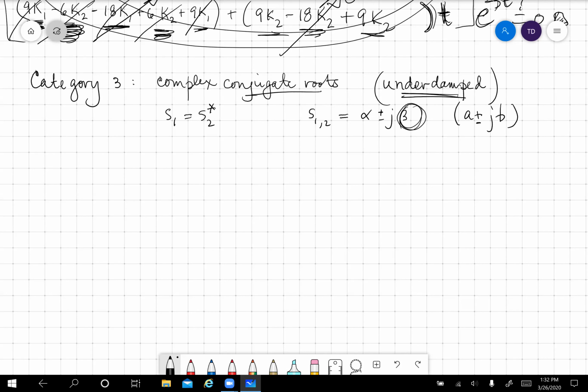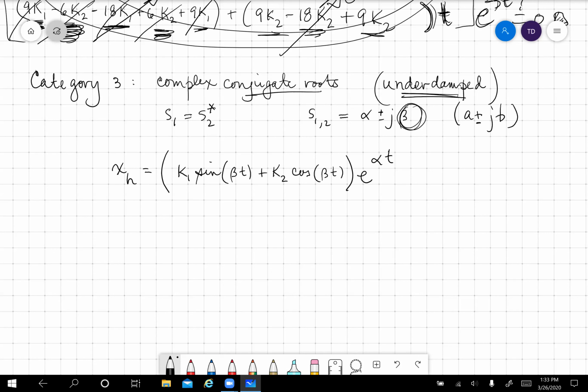So here we go. When we have complex conjugate roots, the solution is x homogeneous is equal to K1 sine of beta t plus K2 cosine of beta t, all times e to the alpha t.